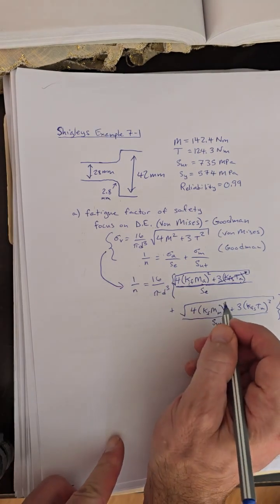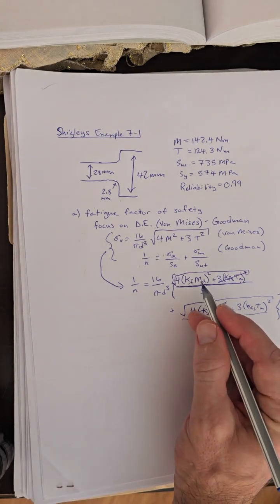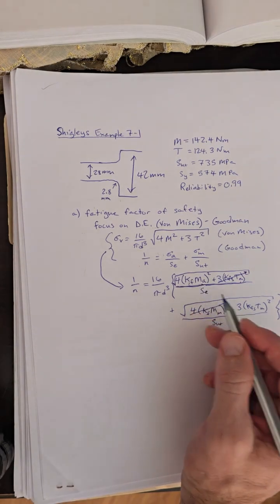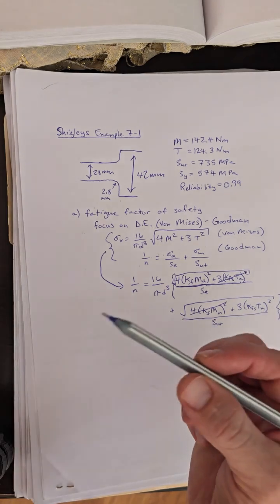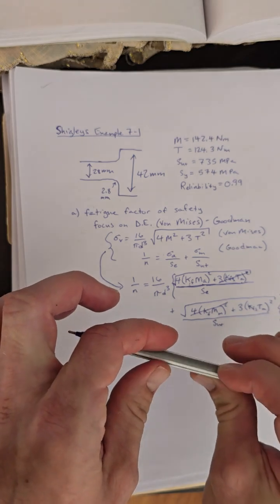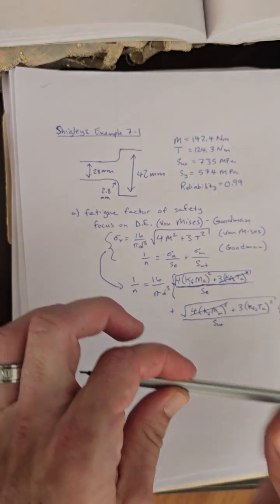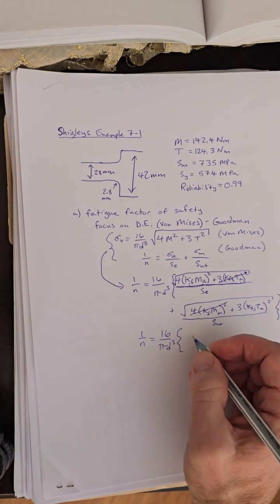So we can get rid of this term. What's left over is an alternating bending stress and a constant torque, because there's a gear here and a gear here, and that torque keeps going the same direction, so it stays constant between the two. So this is the equation that we have to fill out.